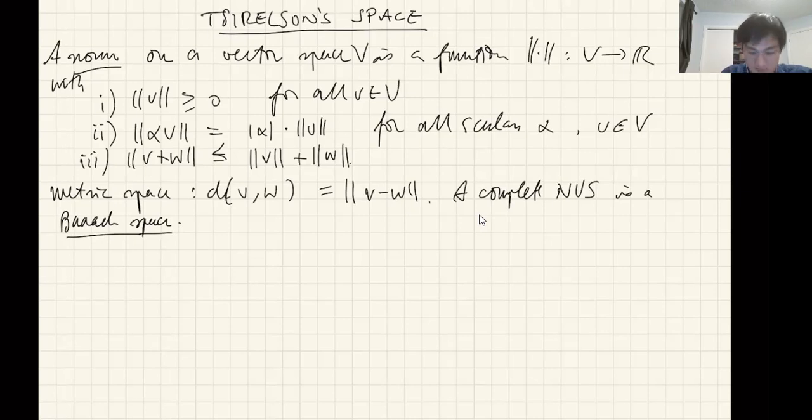Okay, so what are some examples of Banach spaces? Well, you might have heard of them. You could take what we call l^p_n.